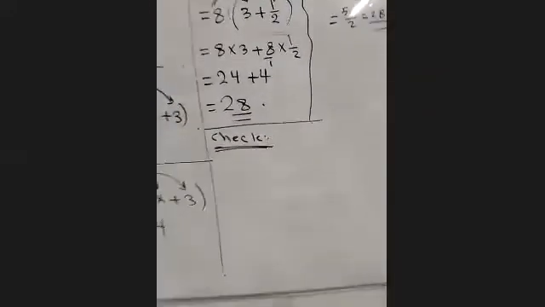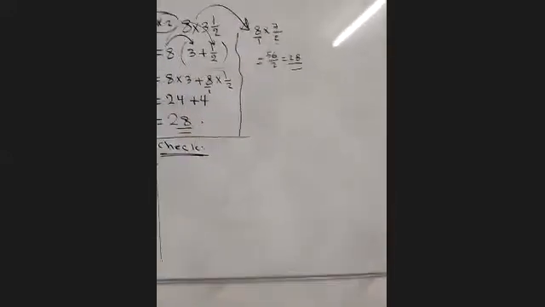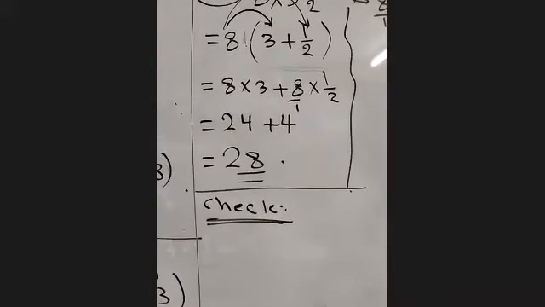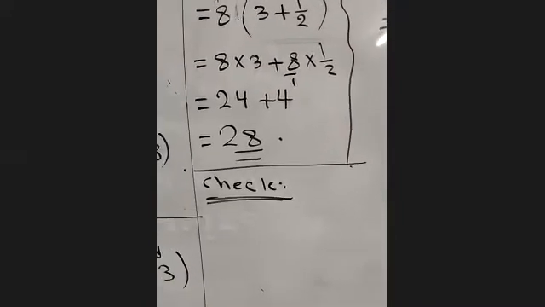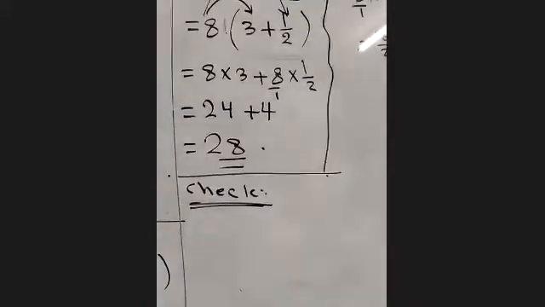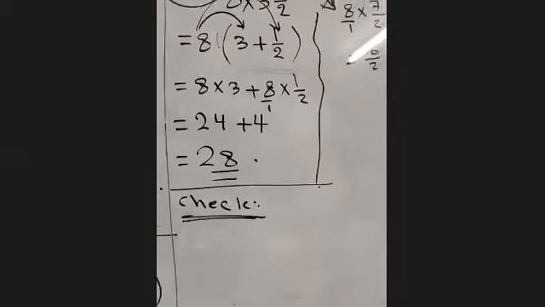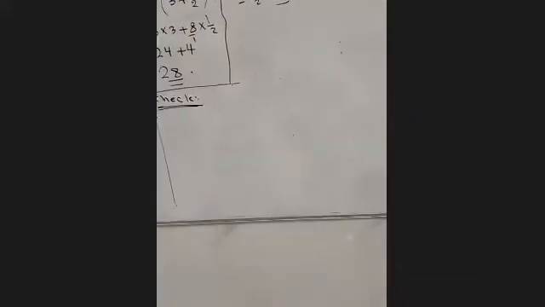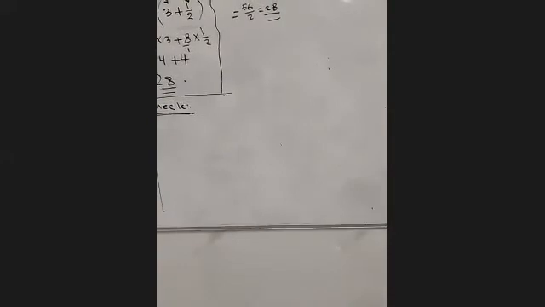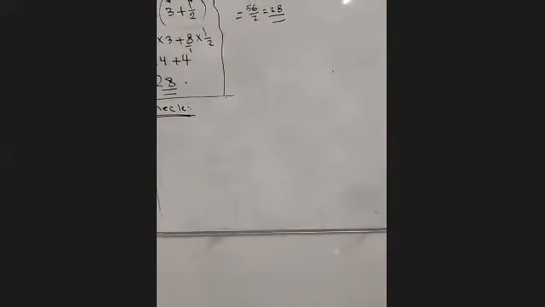Read. Use the distributive property to find 12 multiply 2 and 1 over 4. This dot means what, Abdul Rahman? Multiply. This dot means multiply, so read it multiply. Don't read it dot. Read it again. Use the distributive property to find 12 multiply 2 and 1 over 4. Good.